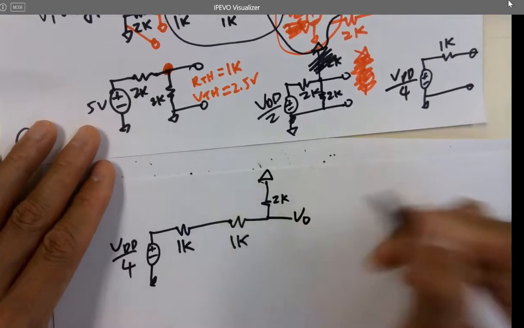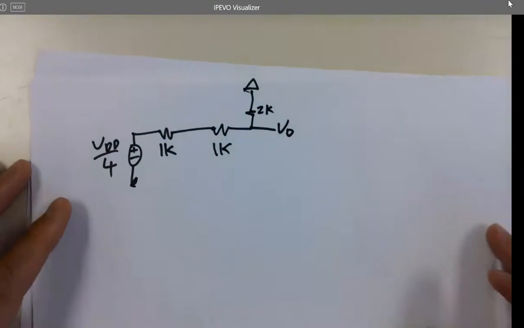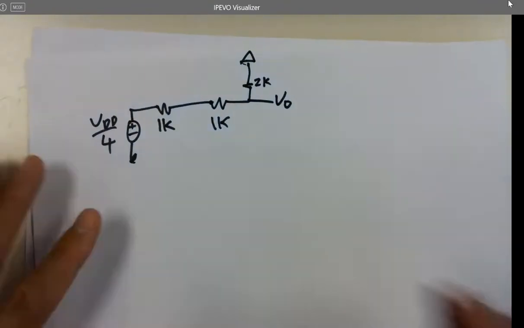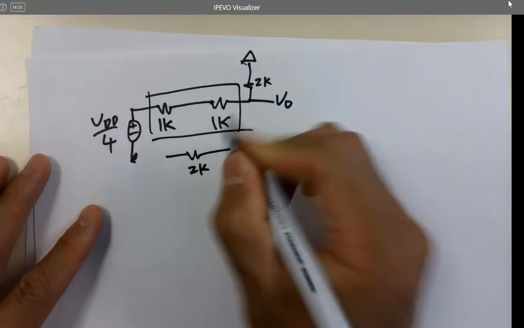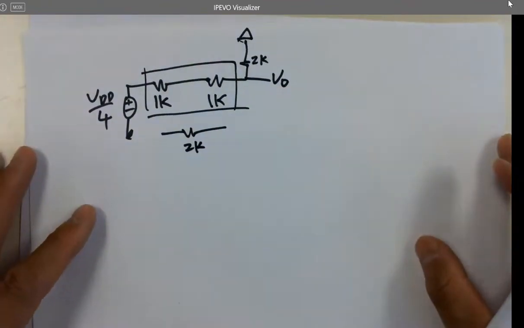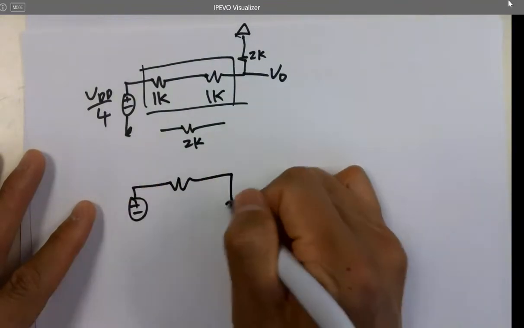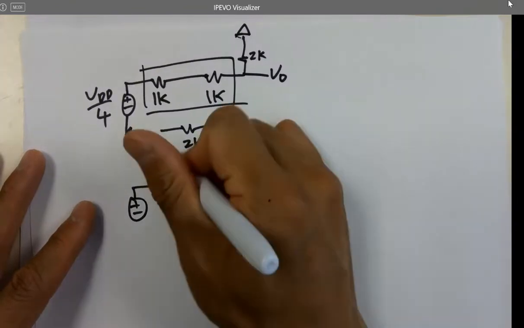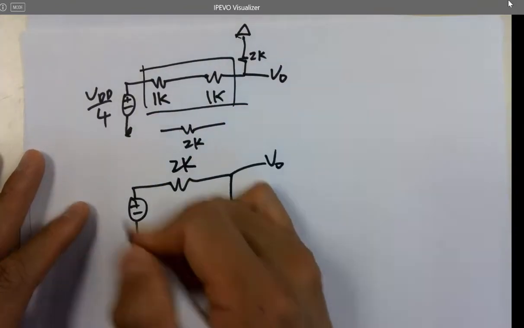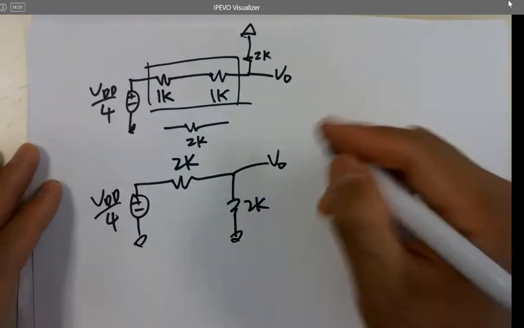And this is the final V out. And these two combined, you are getting a 2K resistor. And the whole circuit becomes: here's VO, 2K, 2K, VDD over 4. So what is the final V out?